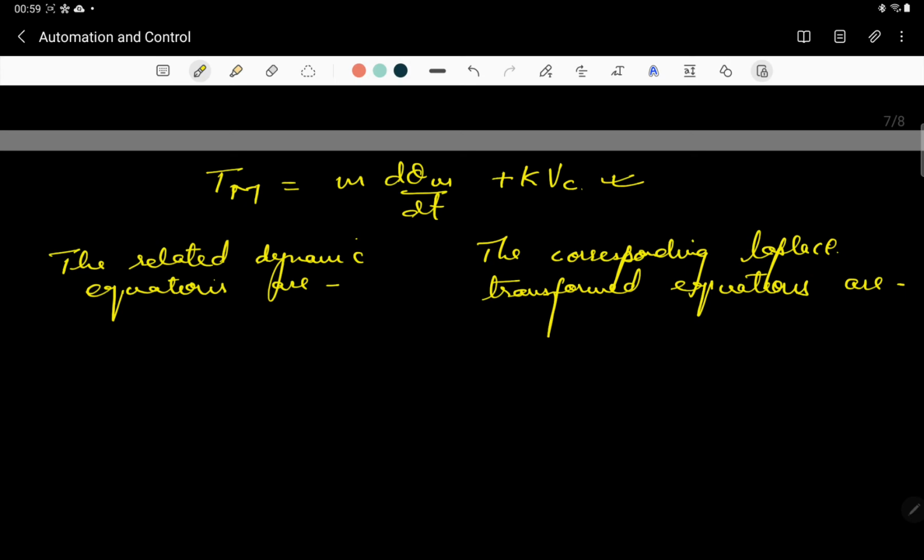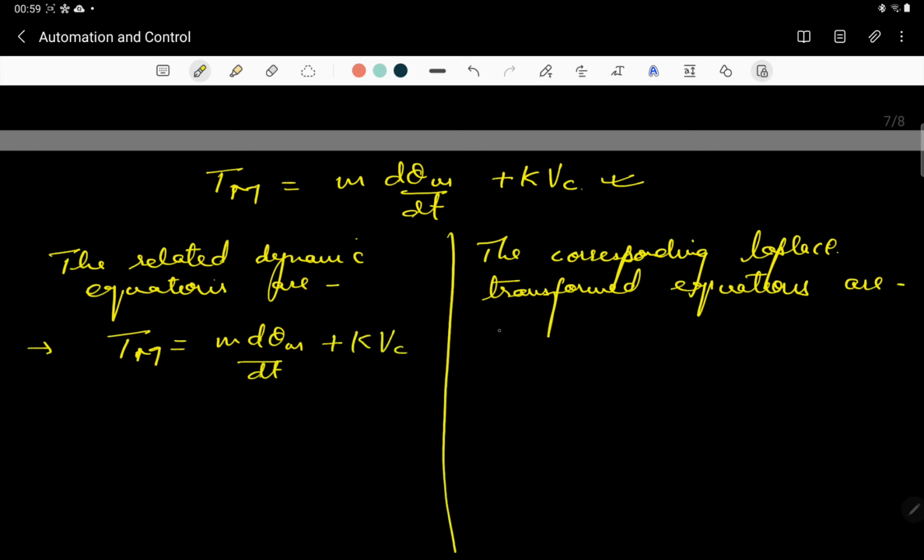First is Tm, which equals m d theta m over dt plus K Vc. Let's write it in the Laplace transform: Tm(s) equals s m theta m(s) plus K Vc(s). So this is the Laplace transform of this equation.